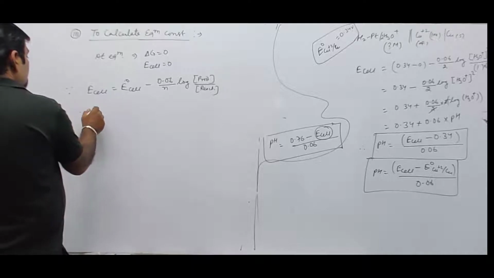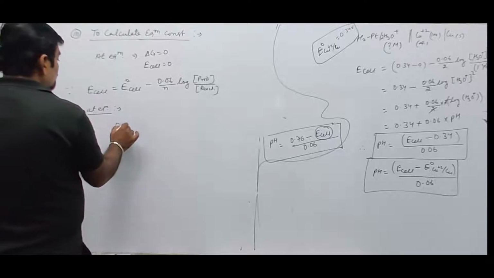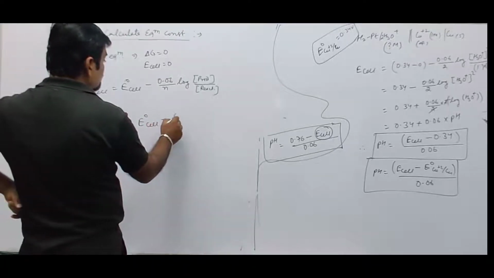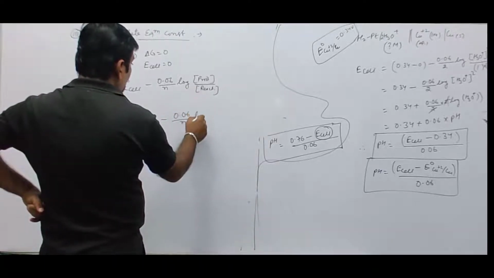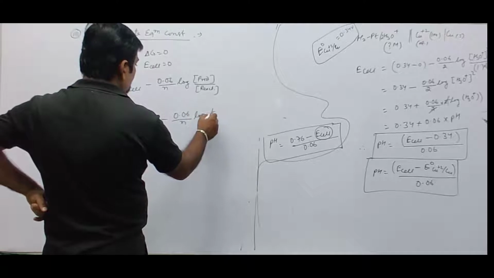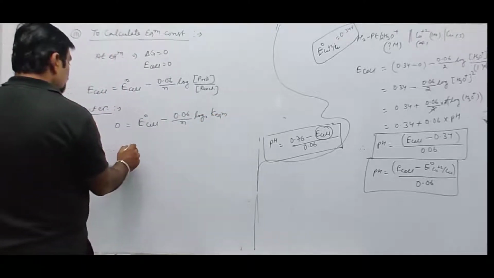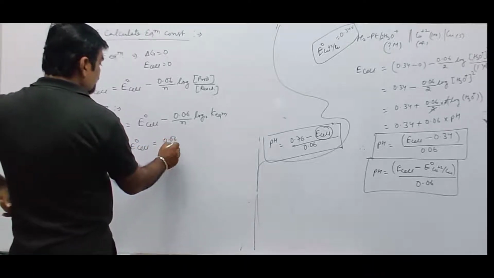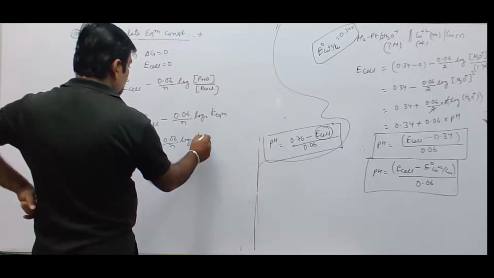Therefore, at equilibrium, 0 equals E naught of cell minus 0.06 by n log base 10 K equilibrium. Therefore, E naught of cell is equal to 0.06 by n log base 10 K equilibrium.